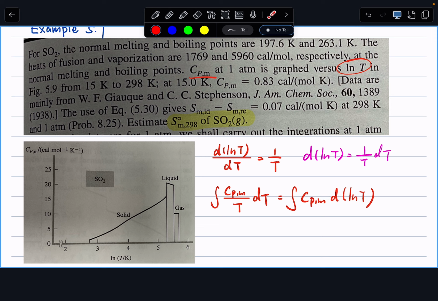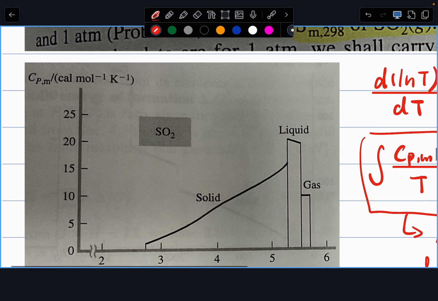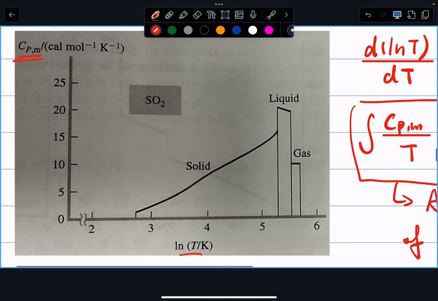So we're transferring this expression: the integral of CPM over T dT is the area below the curve of CPM versus ln T. In my figure, the y-axis is CPM and the x-axis is the natural log of temperature.